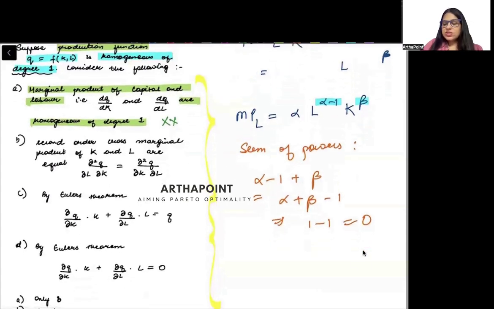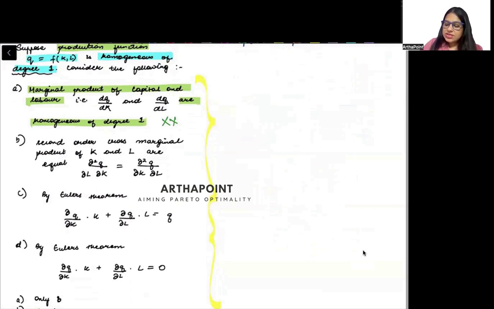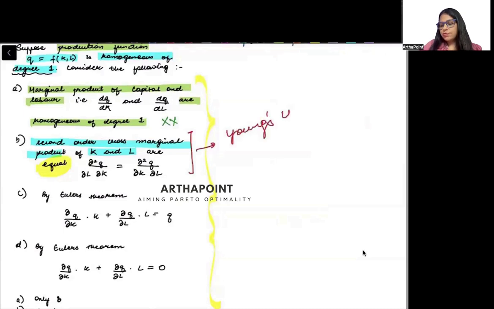Come to the second point. The second point says that second order cross marginal products of K and L are equal to each other. This is correct. This is only Young's theorem. So what does Young's theorem say?